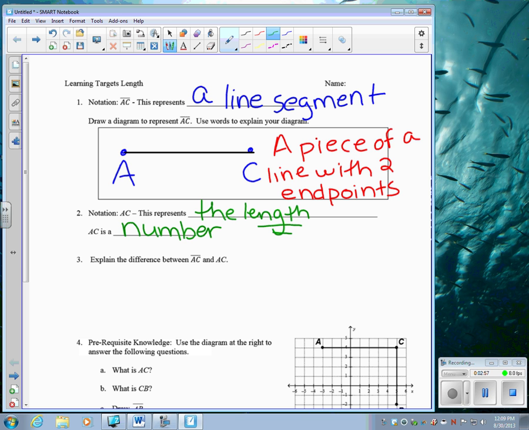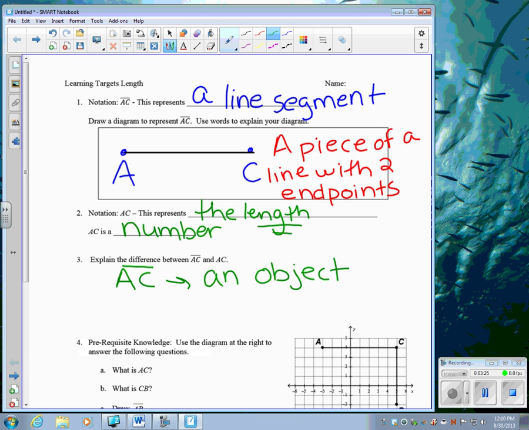All right, so we need to remember the difference between the two. So let's take a second and let's explain it. Well, we said that when we have the bar across the top, that's referring to a line segment. So think of it this way. It's always referring to an object, an actual thing. A line segment, we can also put something across the top and draw rays, we can draw lines, whatever. But when there's a symbol across the top, it's referring to an object. In this specific case, a line segment.